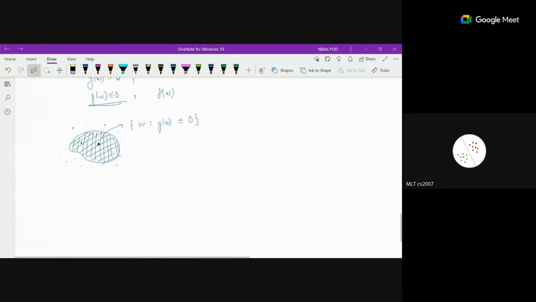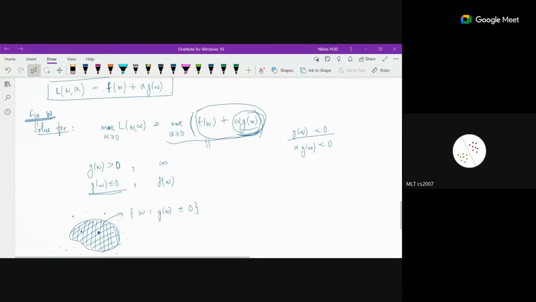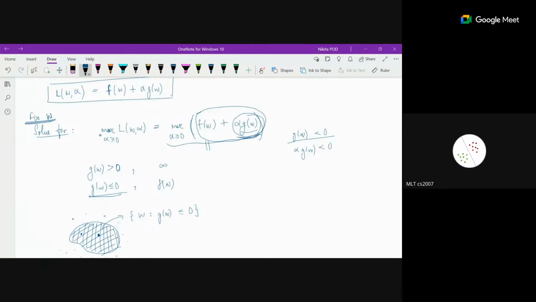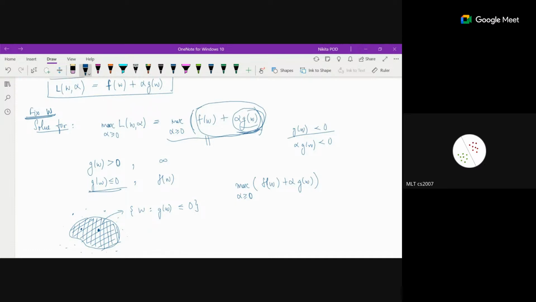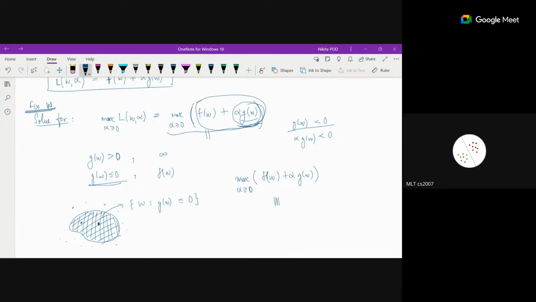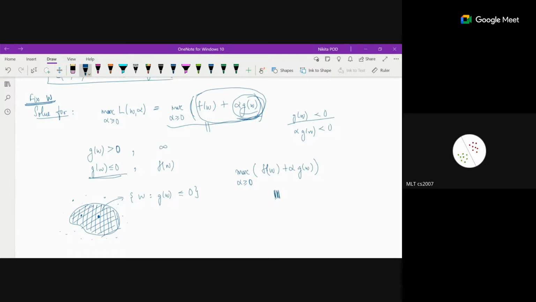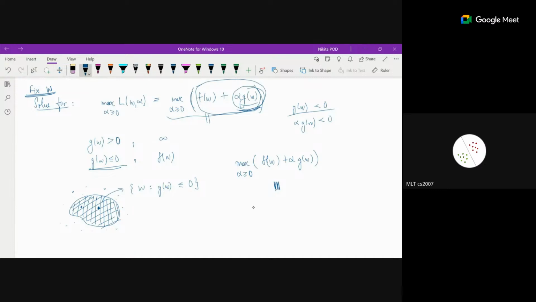And what we saw is that if we maximize this L of w, that is f of w plus alpha g of w, where alpha is greater than or equal to 0, then solving this problem was in a way equivalent to solving my f of w, right?